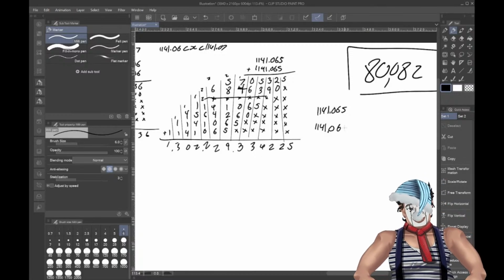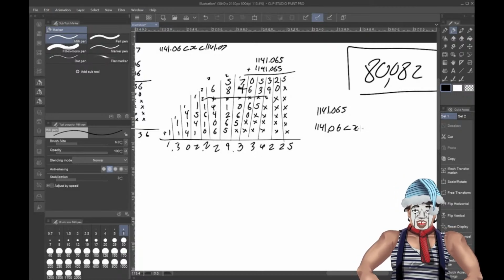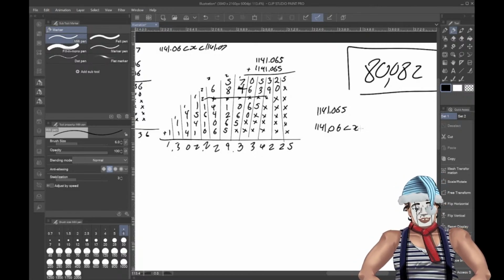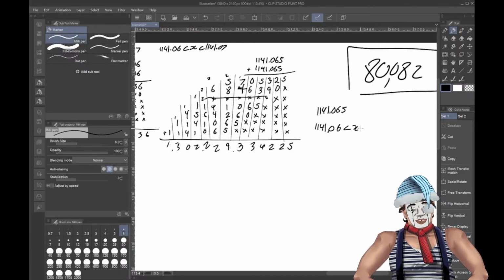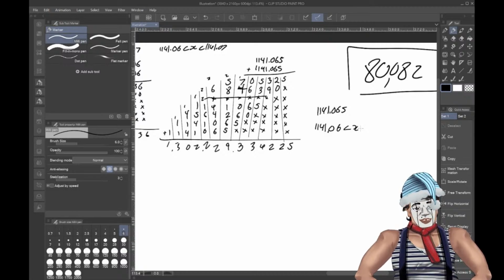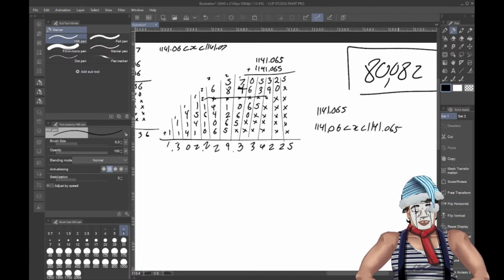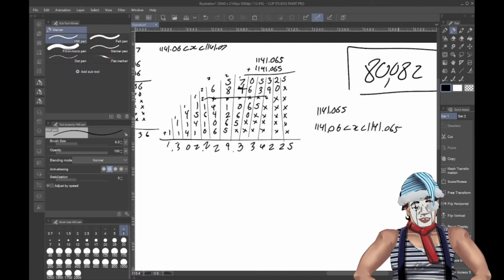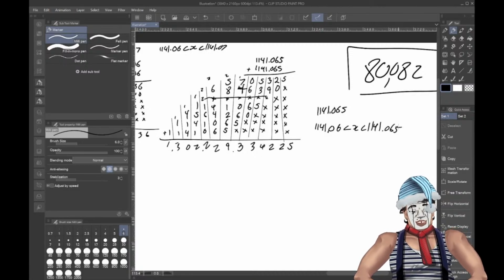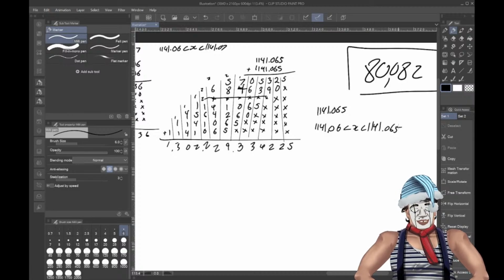Okay, so where do I go next? Let's do point 114.061 squared. And let me separate the numbers, they're too close. 1.061.